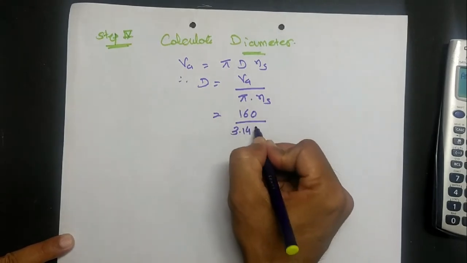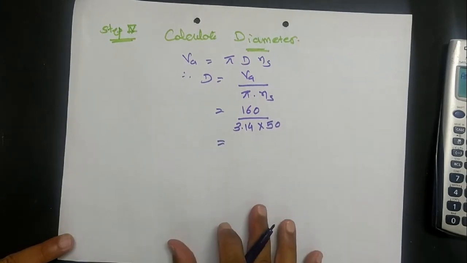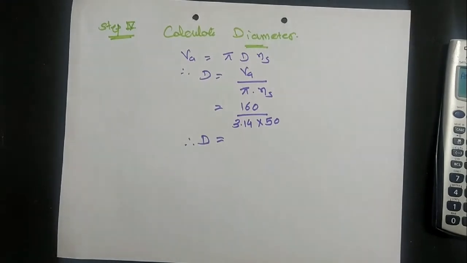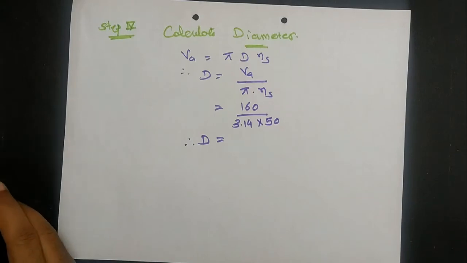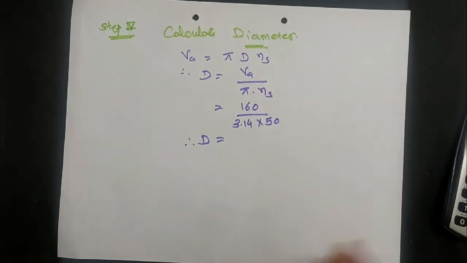We can substitute the value of pi, and 50 is the revolution per second speed. So D is equal to 160 divided by 3.14 and divided by 50. So it comes to 1.01.